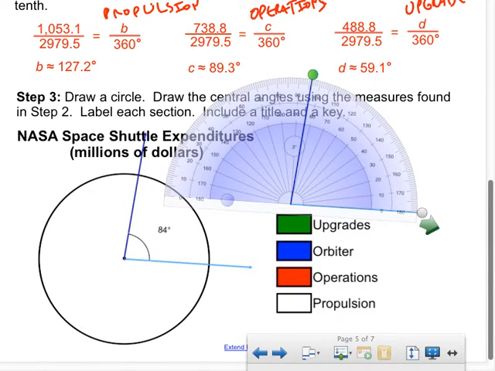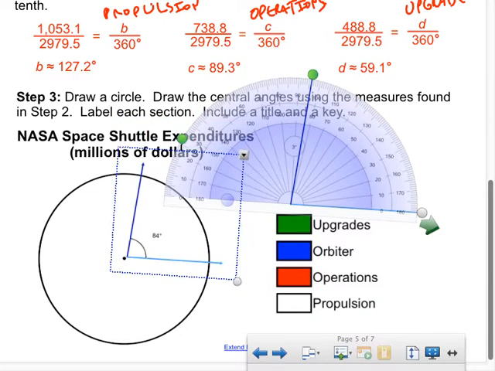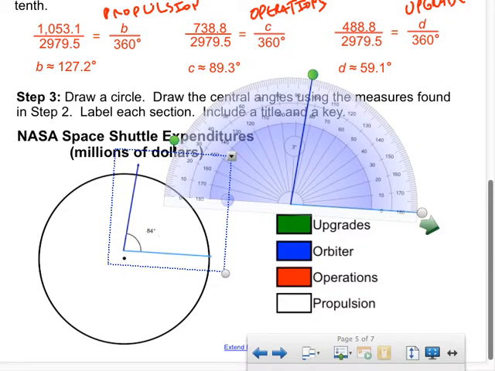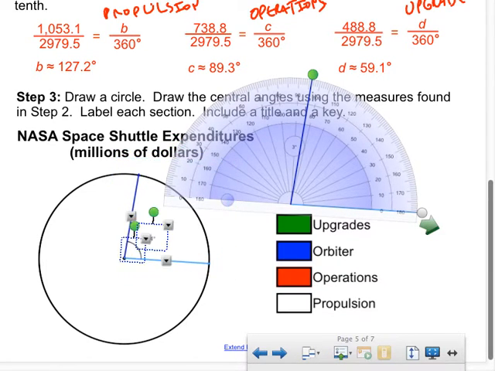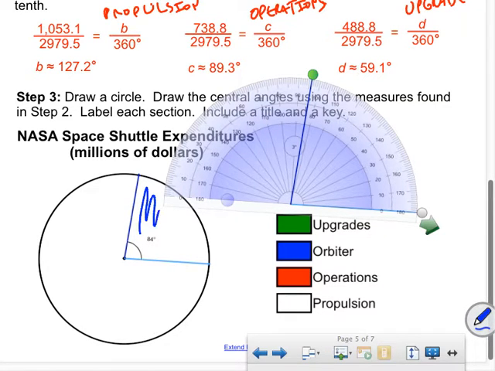And notice where I put my vertex. You guys see that? Okay, so that is 84 degrees. Okay, and I need to shade that what color? Blue. Okay, and then the next thing I'm going to do is propulsion. And propulsion is not shaded.